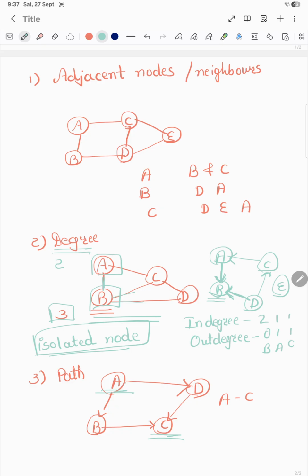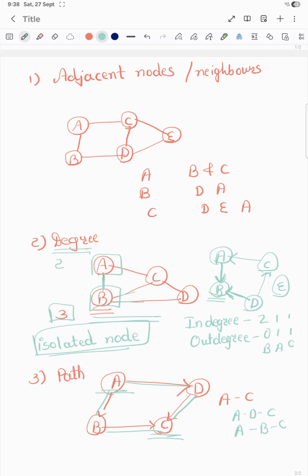If I go via D, that is one possibility: A to D and D to C. So one path is A, D, C. Another path is I can go from A to B and then B to C. So another path is A, B, C. So this is known as a path.